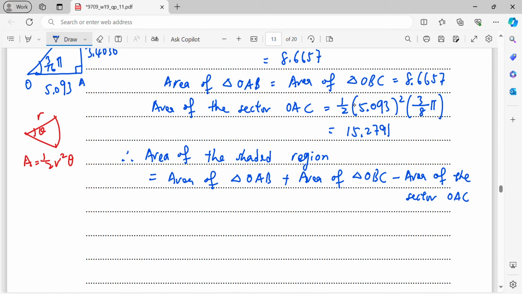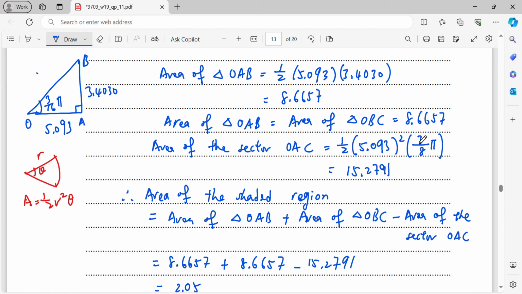Then now just plus and minus, it will be 8.6657 plus 8.6657 minus 15.2791. Then you will be getting 2.05. Alright, so that's the area of the shaded region.